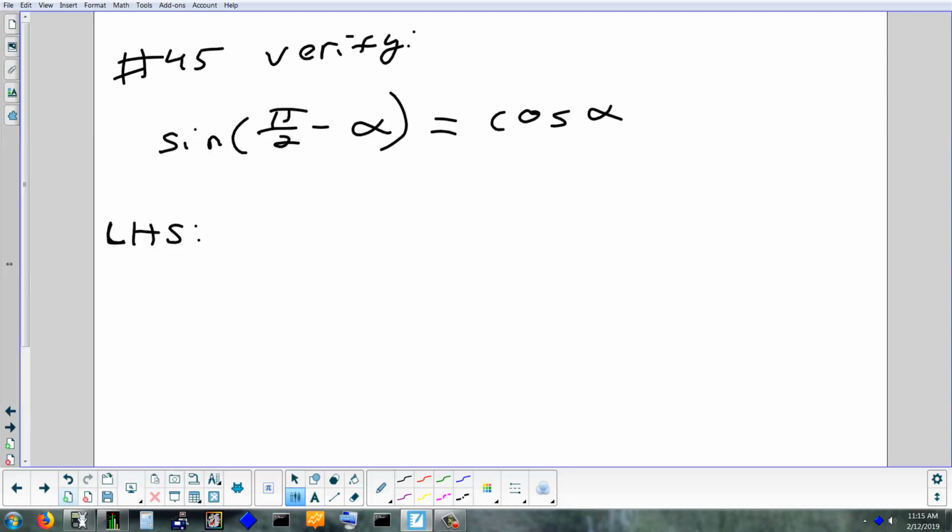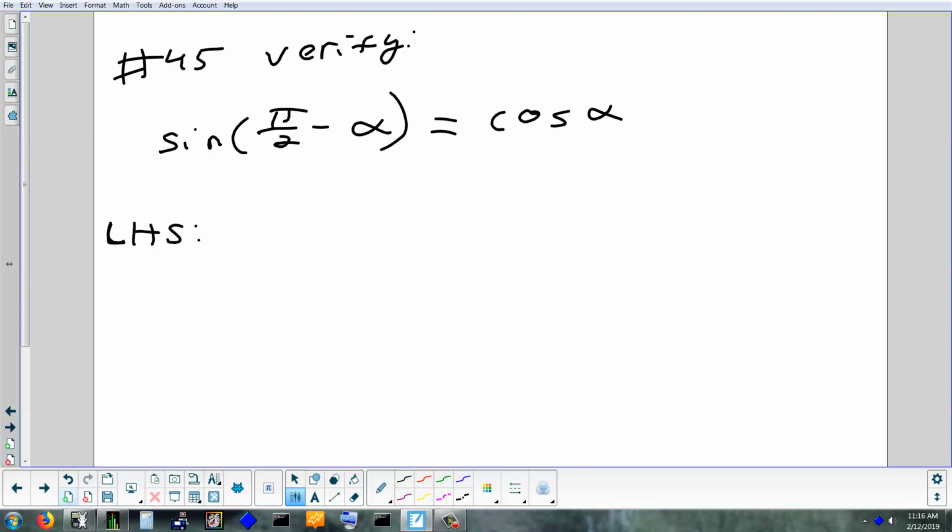It's what we started out with yesterday, the first group of things we looked at. Sine difference? Yep, it's a sine difference identity. So remember, you got your sine sum and difference, cosine sum and difference, tangent sum and difference. That's a sine difference.